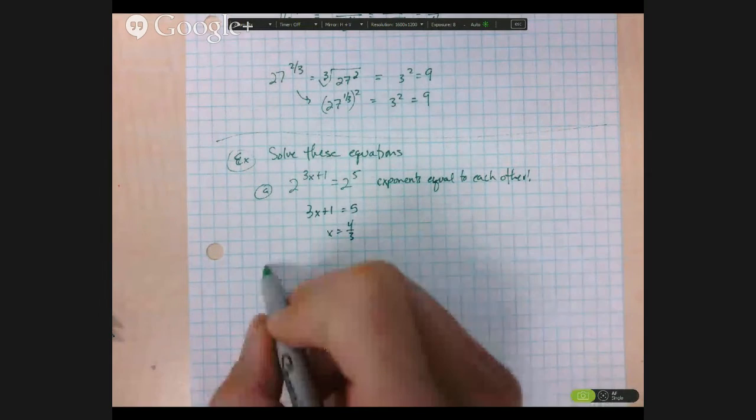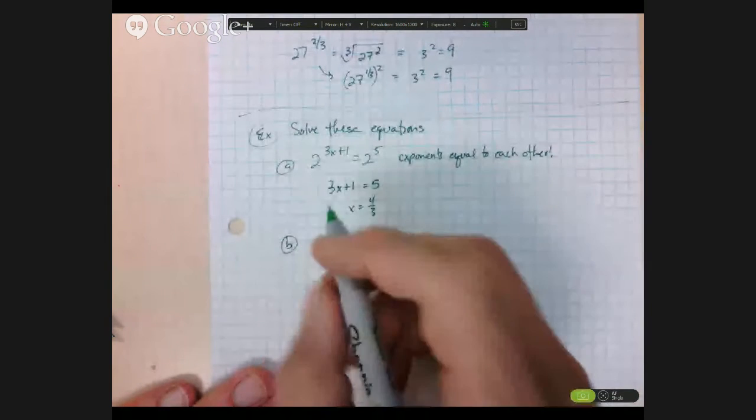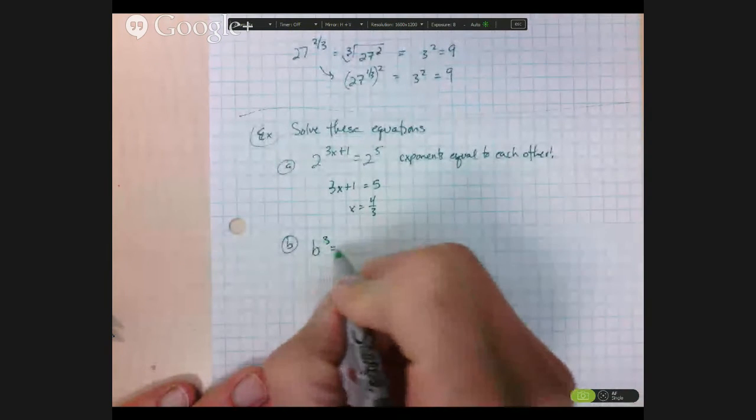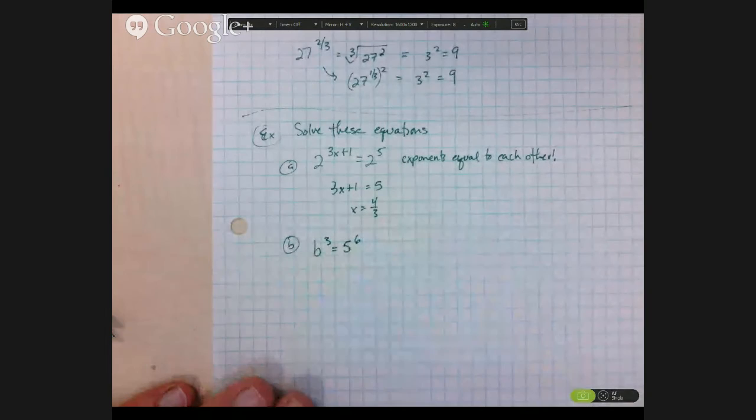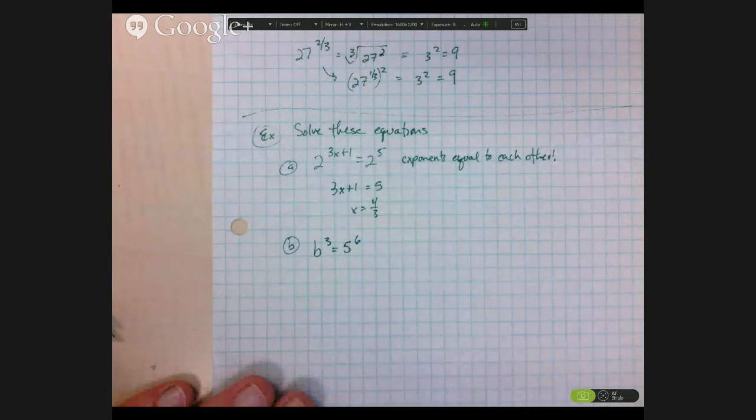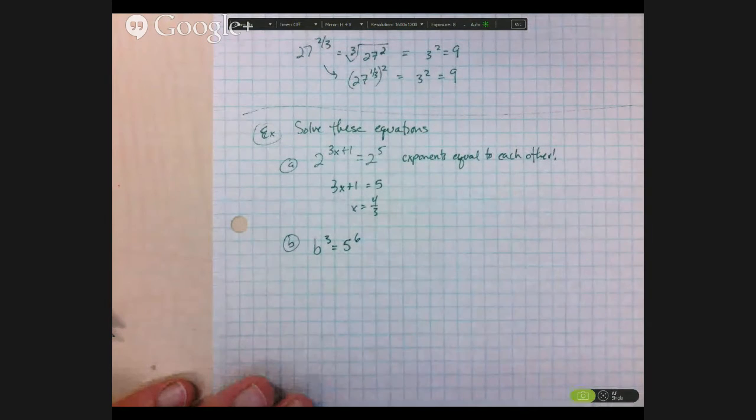All right, let's try another one. We're going to have to manipulate this one a little bit, I think.